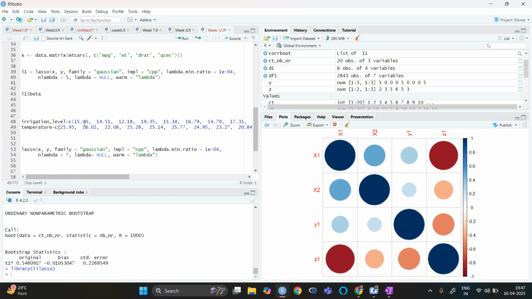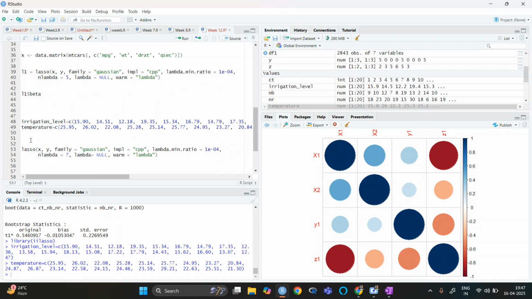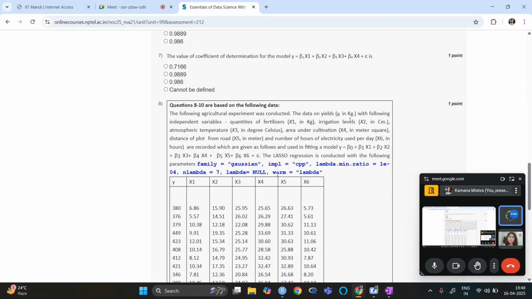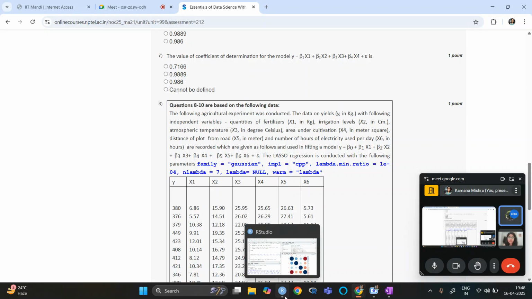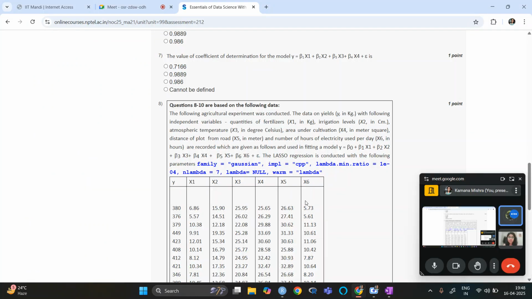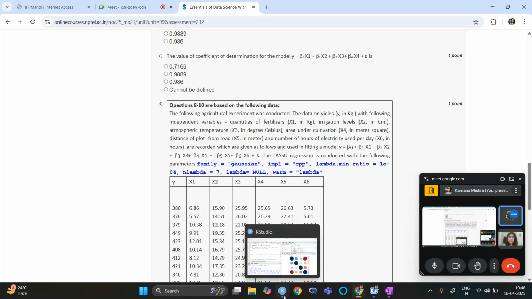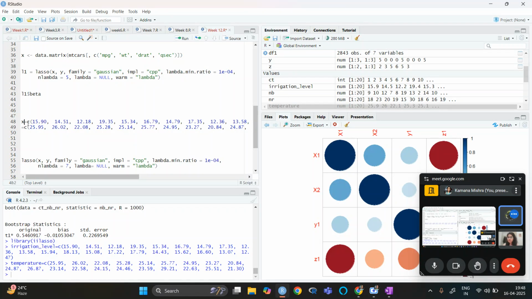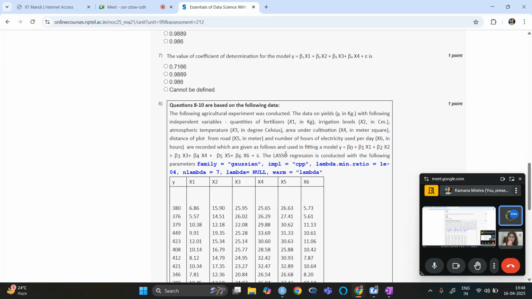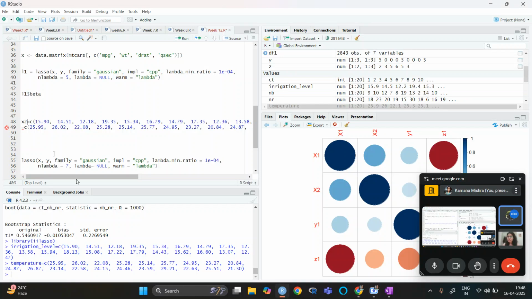Irrigation level is x2. The temperature is x3.